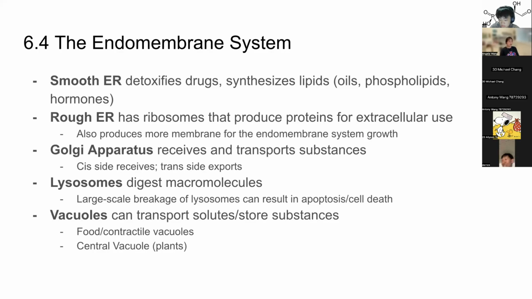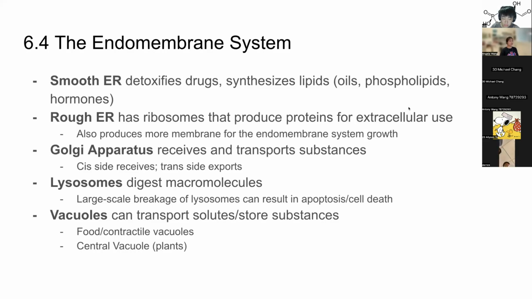The Golgi apparatus receives and transports substances. It has two sides: one is the cis side and one is the trans side. The cis side usually faces the ER for receiving proteins, and the trans face usually faces away.